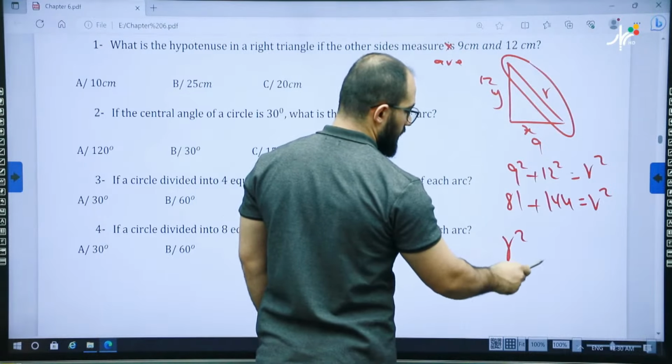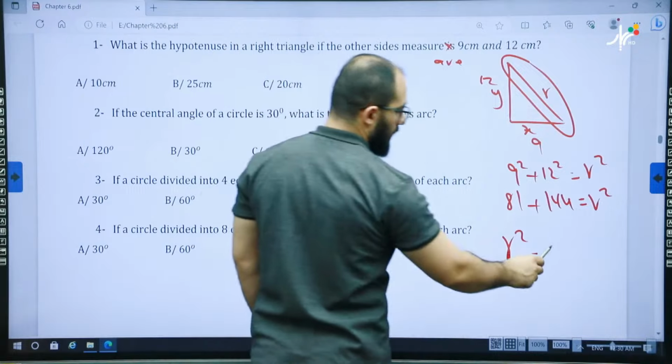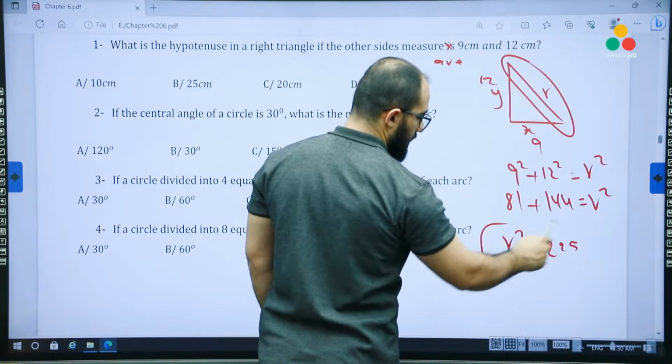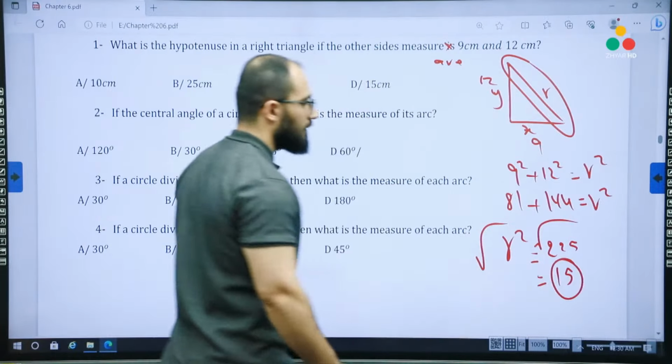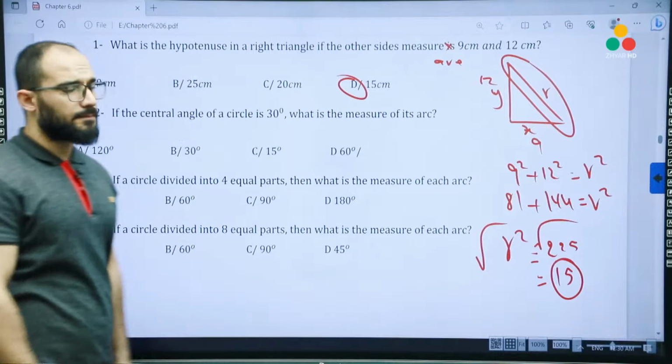So r squared is 81 plus 144, which is 225. Find the square root. The square root of 225 is 15. So the hypotenuse is 15.